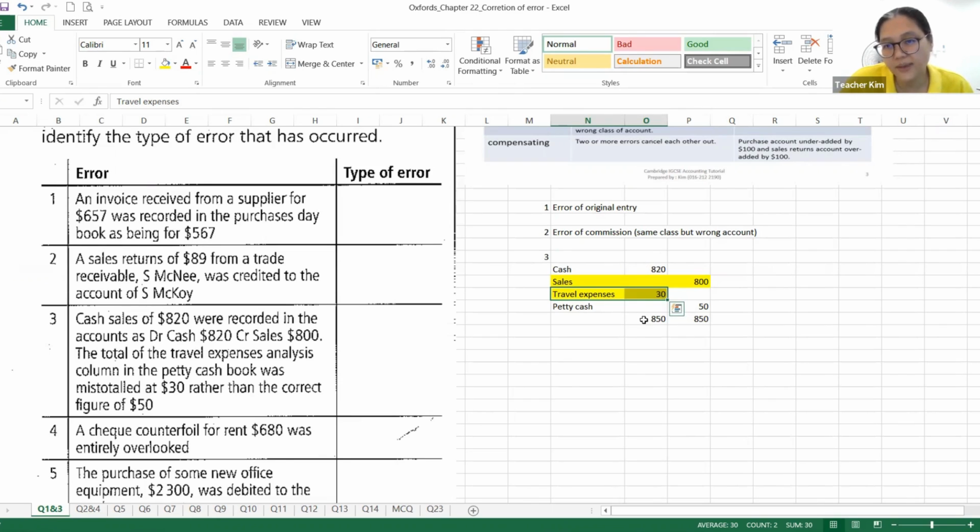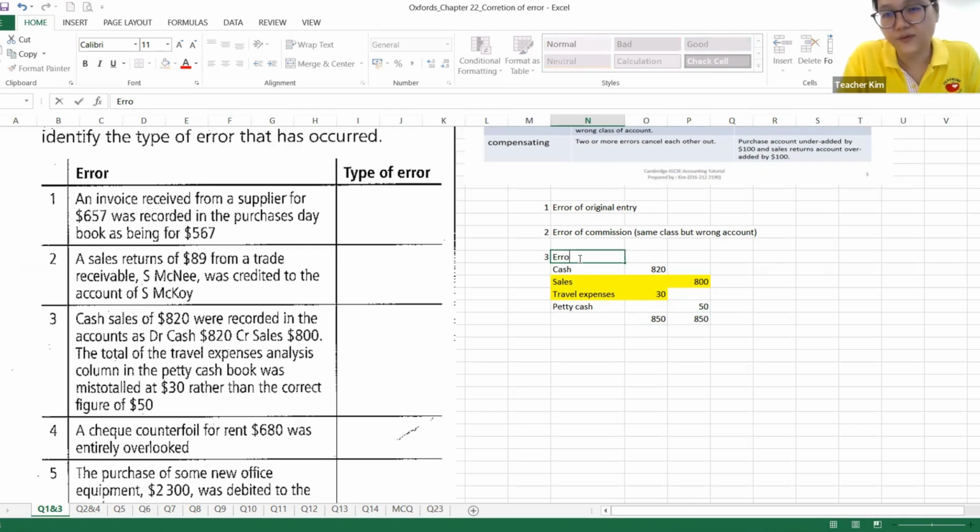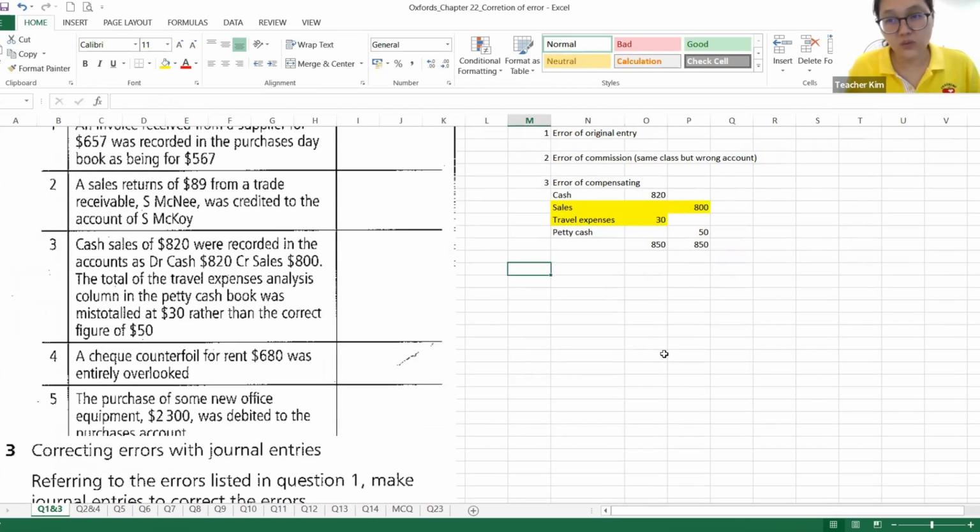So the total impact, no effect. But there are more than 2 errors made. So this one we call error of compensating. Okay. If you need me to repeat anything, just call me again.